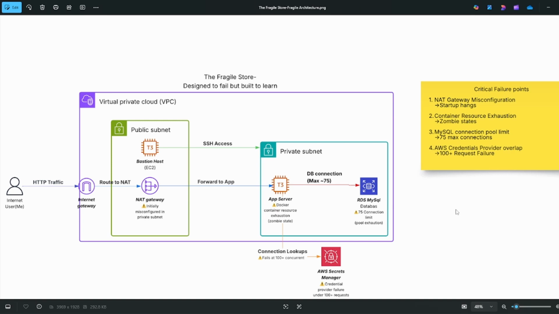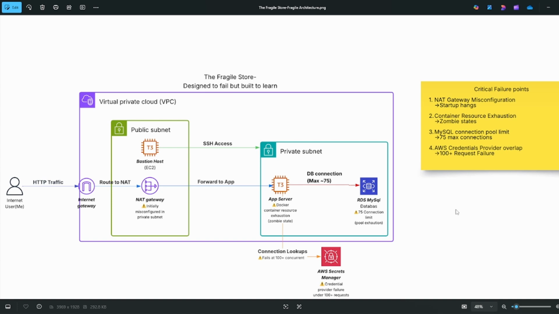All right, as I mentioned at the beginning of the video, this ASE project correlates a lot with the project I built earlier, the Fragile Store, where here is the architecture diagram. The Fragile Store taught me production failure patterns through controlled chaos: the gateway misconfiguration, the container resource exhaustion, the database connection limit.